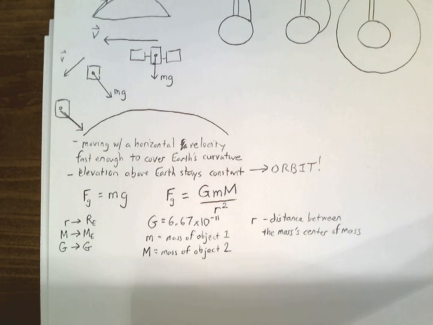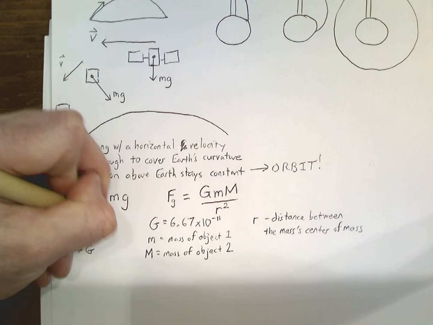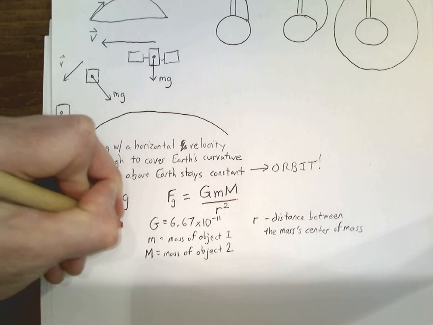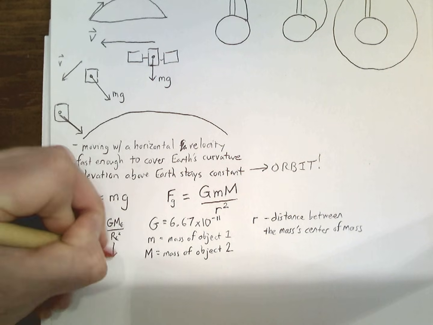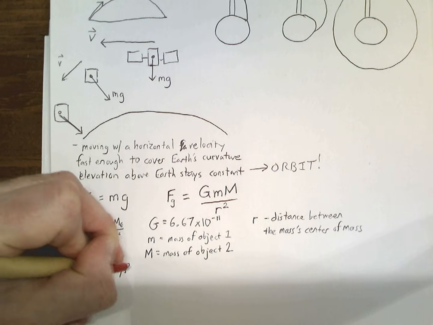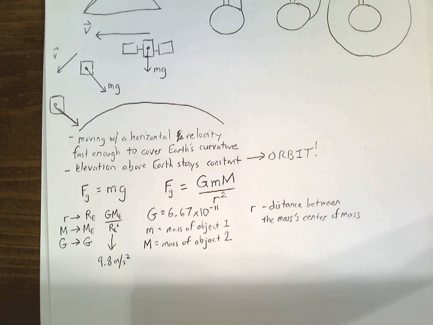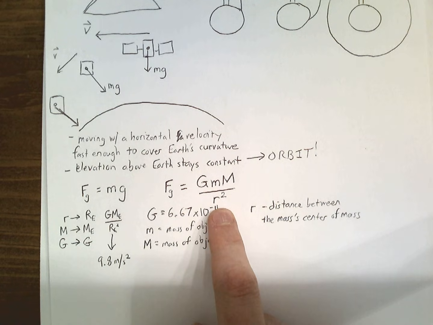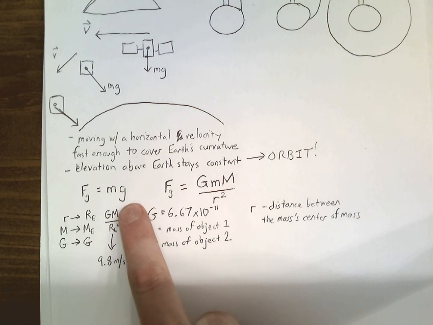If you roll all those things together, it turns out that G M of the Earth over R Earth squared is equal to 9.8 meters per second squared. So the equation that we've grown to know and love, F equals mg, is really this more complicated looking equation with a couple of constants plugged in and substituted in for g.